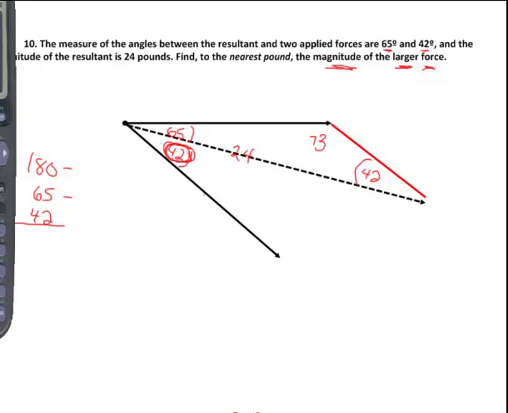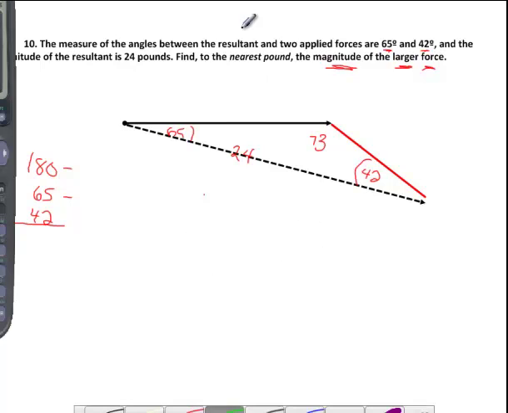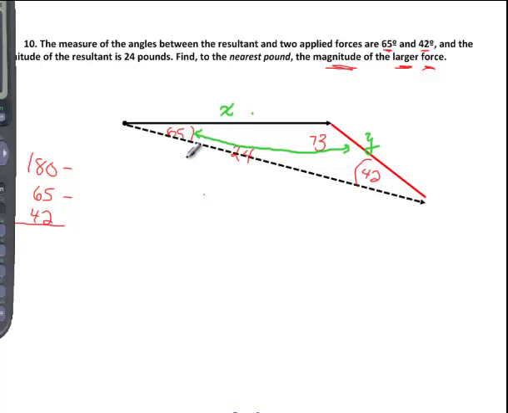Now I'm going to get rid of all this other stuff because I don't want it. That's gone, and that's gone. Okay, there's my triangle. Now who's the larger force? Is it this side X or is it this side Y? Well, who's across from the bigger angle? Y is the larger force.